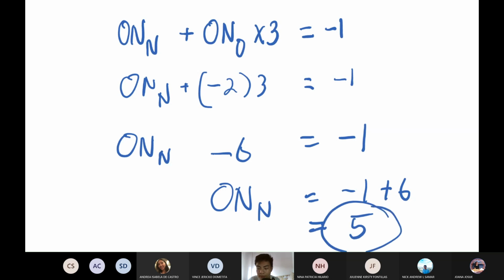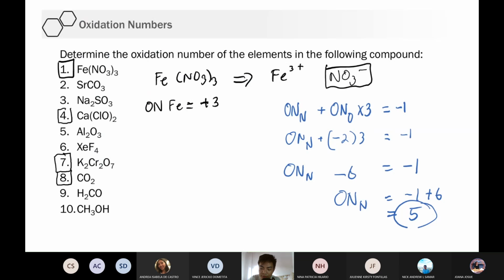There, we solved it. So, the oxidation number of oxygen is negative 2, and the oxidation number of nitrogen is positive 5.